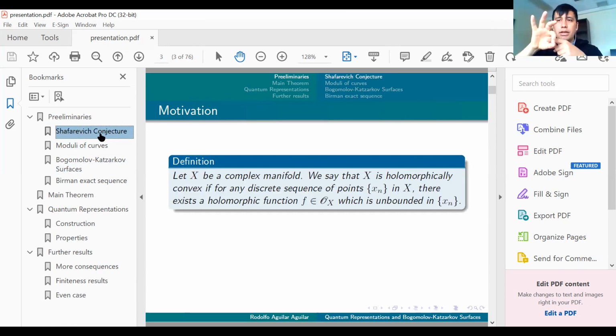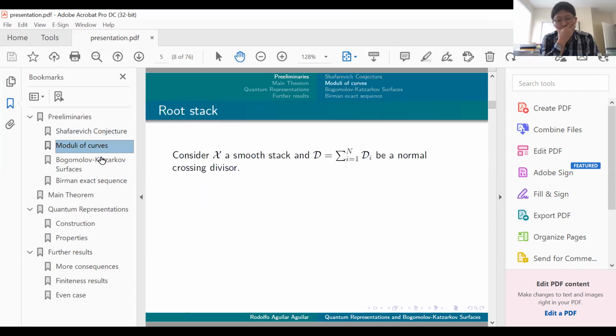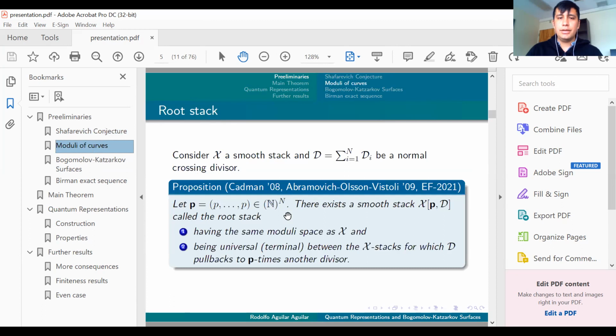You are taking a meridian and quotienting by a power P. So you are doing some root construction in some sense. So this root stack is kind of an intermediate step. If we consider P to be infinite, if we allow it, we remove it. So we are considering a quasi-projective surface. In the quasi-projective case, the blow-up really helped to construct examples.